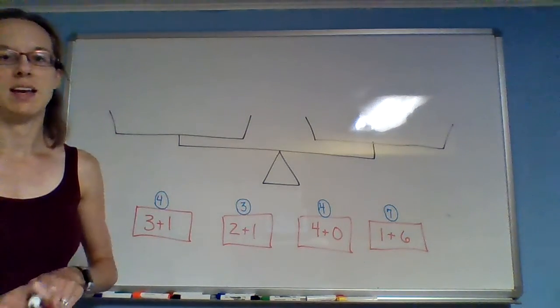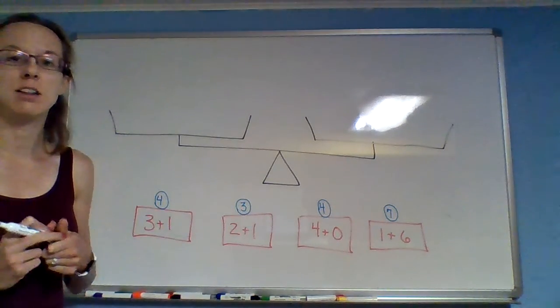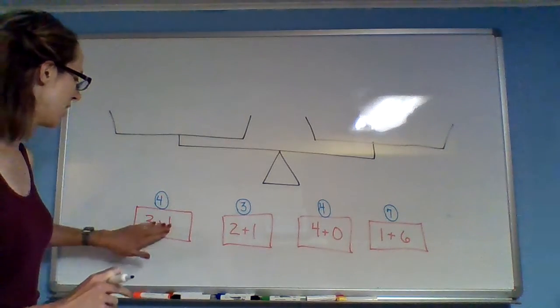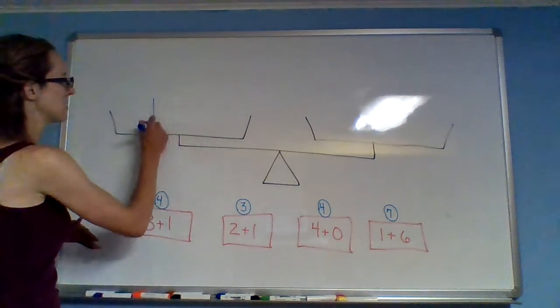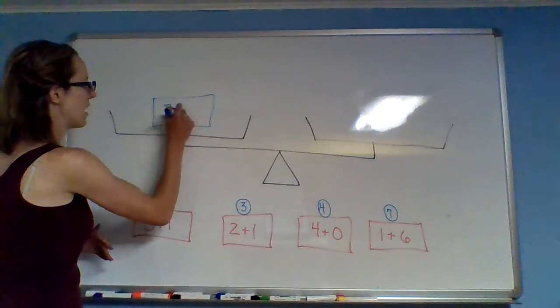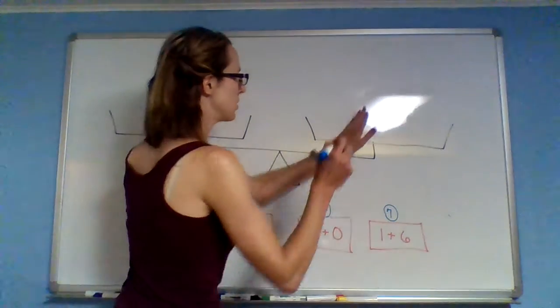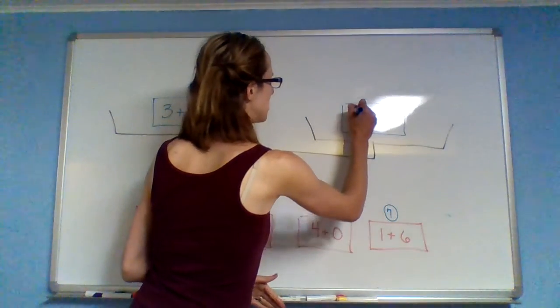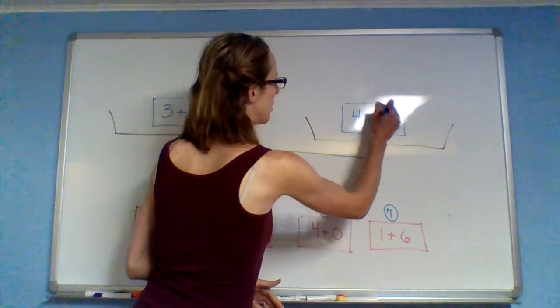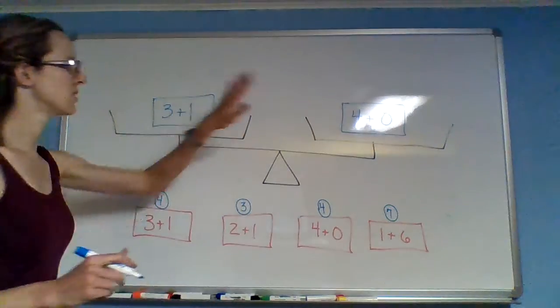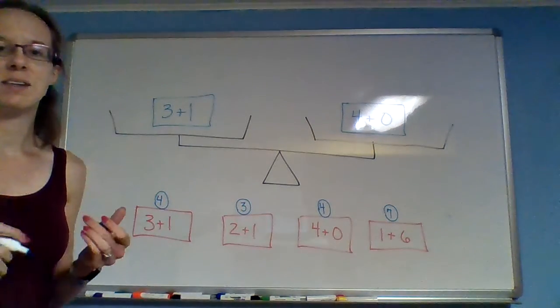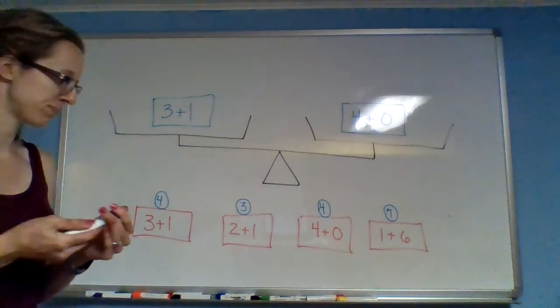Once you've solved the answers to the 4 pieces, you'll look for the 2 that are equal, and those are the 2 pieces that you'll then slide up into your balance to show that you know how to use different expressions to make the same number.